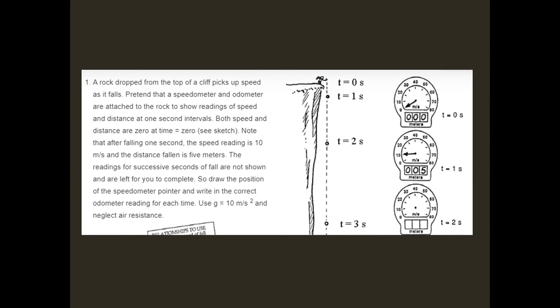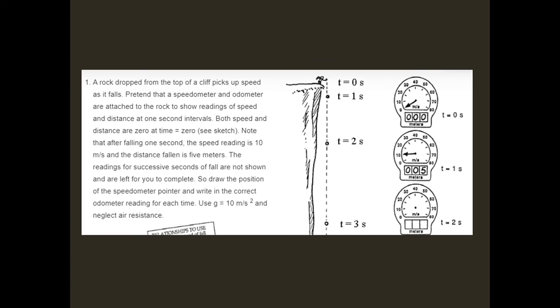Right, now we're going to analyze some problems. So it says, a rock dropped from the top of a cliff picks up speed as it falls. Pretend that a speedometer and odometer are attached to the rock to show readings of speed and distance at 1-second intervals. Both speed and distance are 0 at time equals 0.